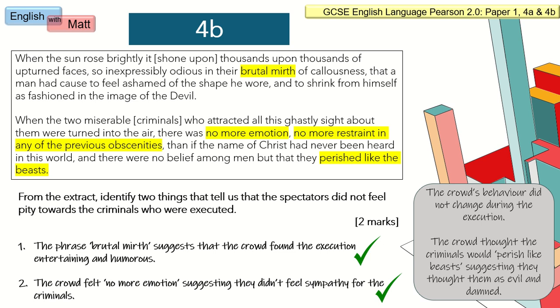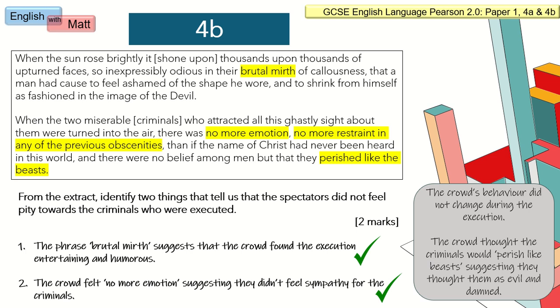And finally, another possible answer could be that these criminals were believed to be beasts. And what you want to do, of course, with sinister beasts is you want to kind of eradicate them so they don't cause any more problems. So the crowd thought the criminals would perish like beasts, suggesting they thought them as evil and damned. And that's why they want them gone.